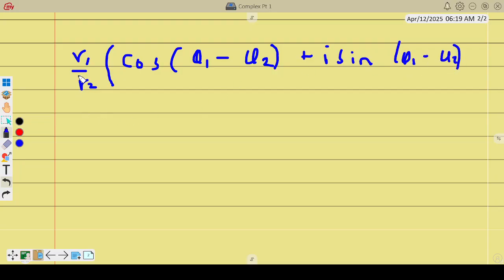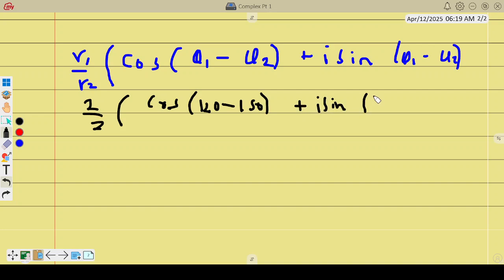From here, remember R was 2, the other R was 2, and then cos the first theta is 120 and the other one is 150, plus I sine 120 minus 150.